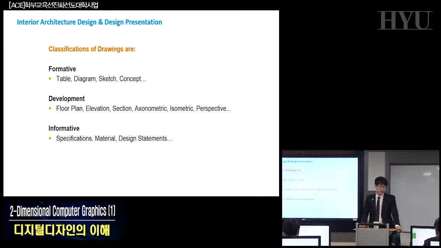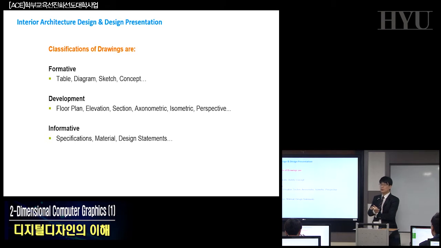Here I classify some drawing types in a certain theoretical perspective. Three different classifications. First one, formative. Second one, development. Third one, informative. For the formative drawings, formative plans, they are tables, diagrams, sketches, sometimes freehand drawing sketches, and some concept diagrams, concept drawings. For the development, we need to prepare floor plans, elevation, section, axonometric, isometric, perspective, and so on.